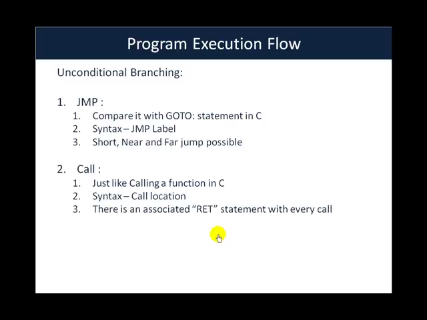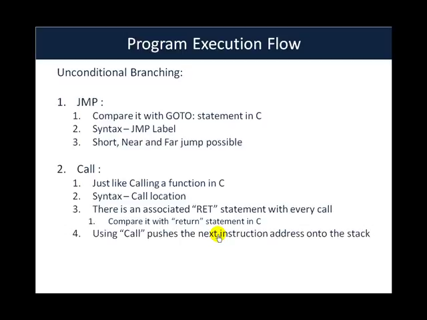The point to note here is that call is associated with a ret statement, which is generally there at the end of the called function. And you can compare the ret statement with the return statement in C. However, there are some major differences, but just for a simple comparison.